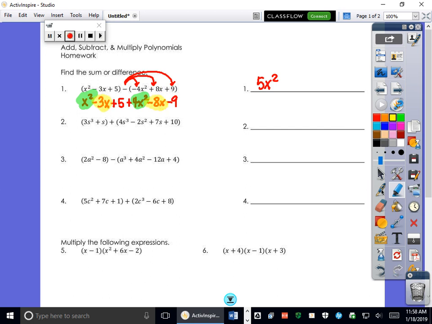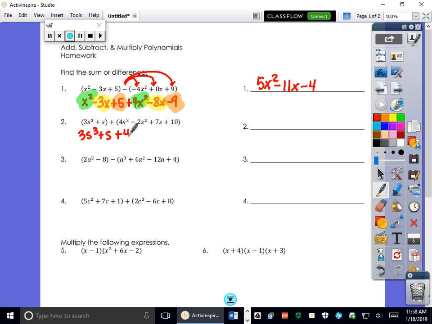So negative 3 and negative 8 is negative 11x. And the last one we have is the 5 and the negative 9. So 5 take away 9 is negative 4. And that's it.